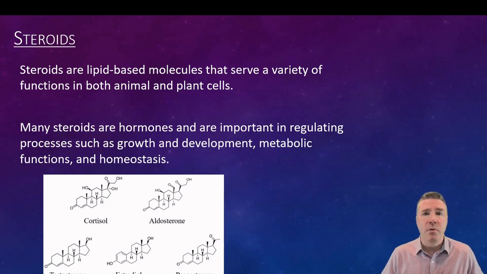Another example is aldosterone, which plays a key role in maintaining blood pressure and fluid balance by acting on the kidneys. It does so by helping the body retain water and stabilize blood volume and blood pressure. Sex hormones, like testosterone and progesterone, play a role in the development of secondary sex characteristics during puberty and the reproductive cycle.